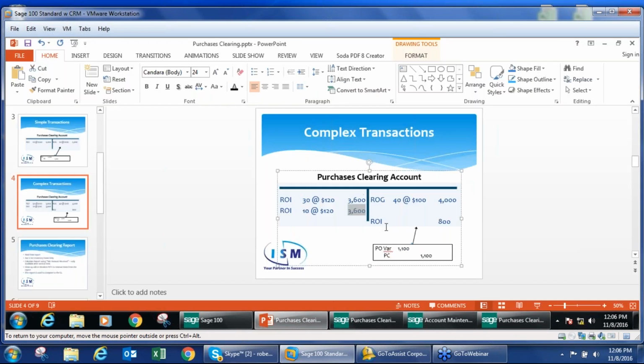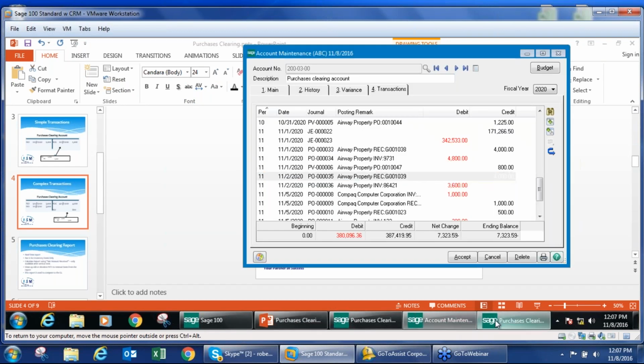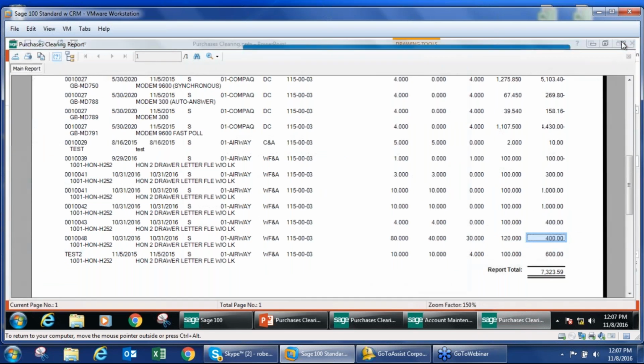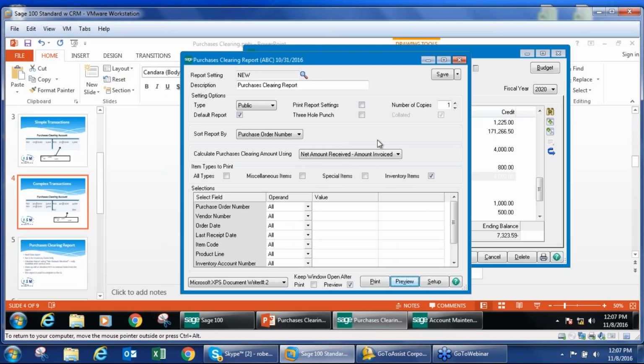It is simply when we have multiple transactions that do not clear a line that makes tying the report to the GL very difficult until 2016, where we have this feature that uses the net amount received minus the amount invoiced. Wonderful addition here.